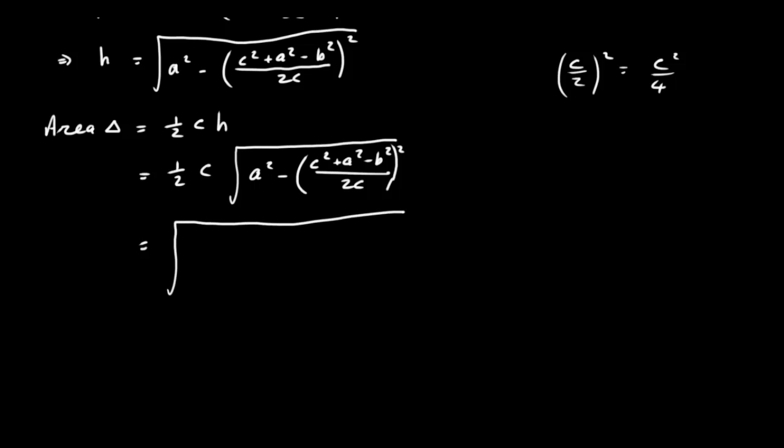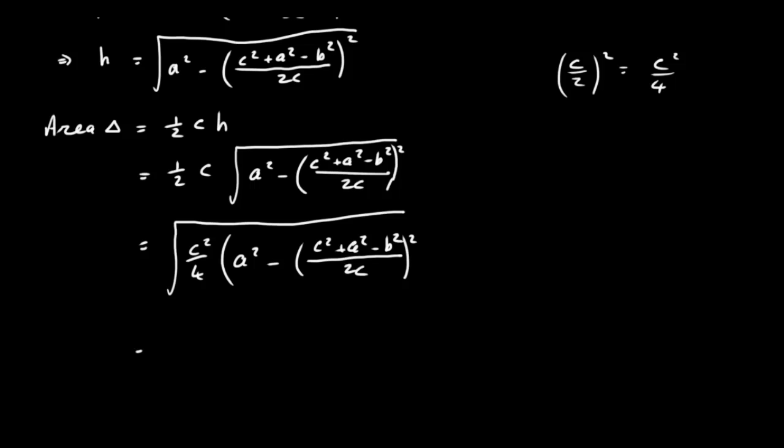So I'm going to put c squared over 4 in there, multiplied by the a squared minus ((c squared plus a squared minus b squared) over 2c) squared. So all I've done is multiply everything inside the square root by c squared over 4, and if I take the square root of c squared over 4, you're just back here again. And this remains square rooted, if you like.